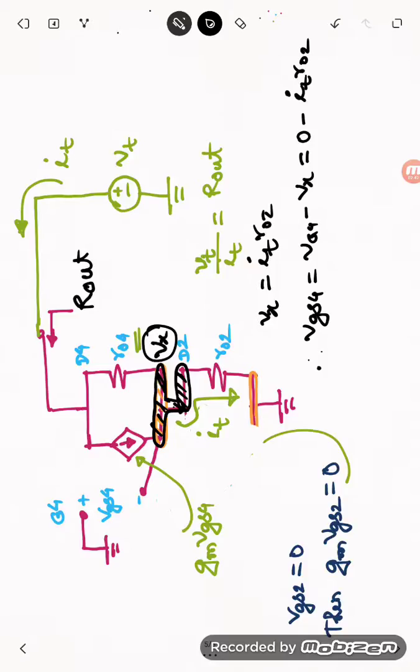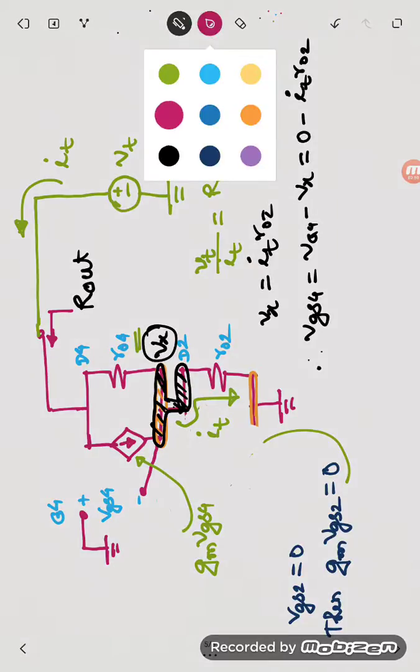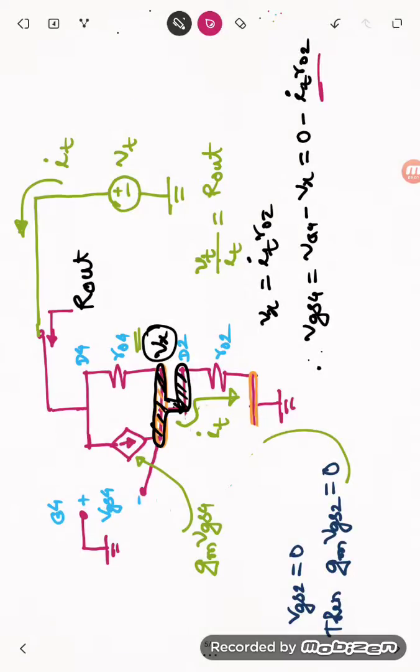Okay, so that's our VGS4 value. As I mentioned before, VGS4 may not be 0 like VGS2. Just because of this test voltage source, it is actually having some sort of voltage value.